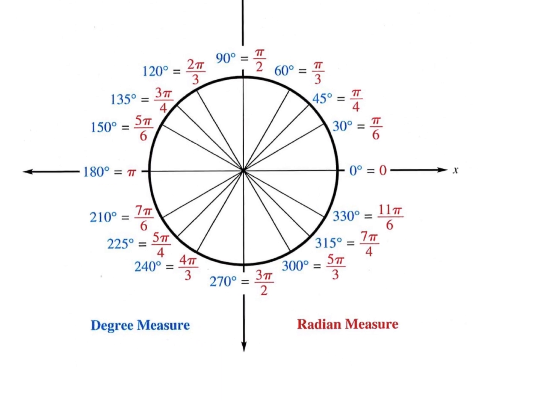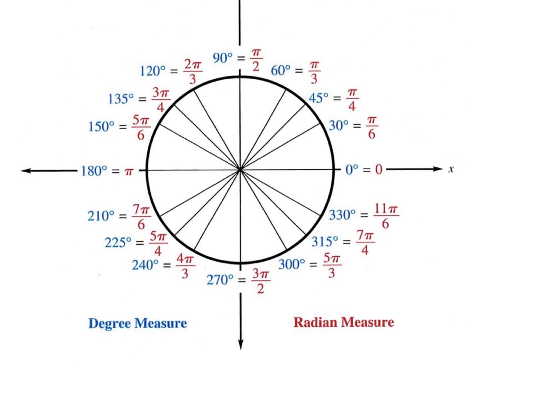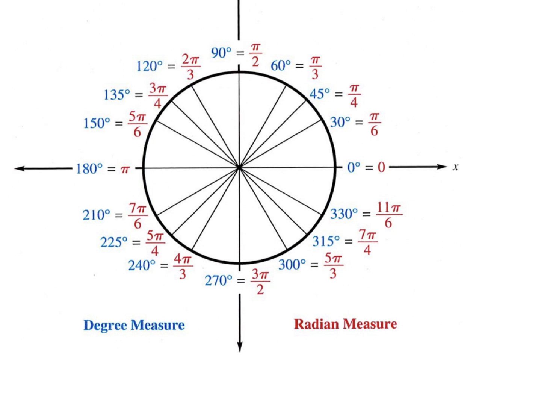So over here is a not quite complete unit circle, but it does have the degrees on there. Starting at 0 degrees, here's 30 degrees, 45, 60, 90, and then all the way around. There's those different degree measures, which we're pretty familiar with, right? It's the radians that we aren't familiar with yet, okay?